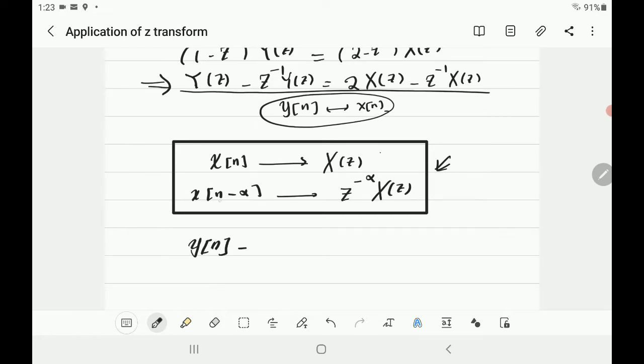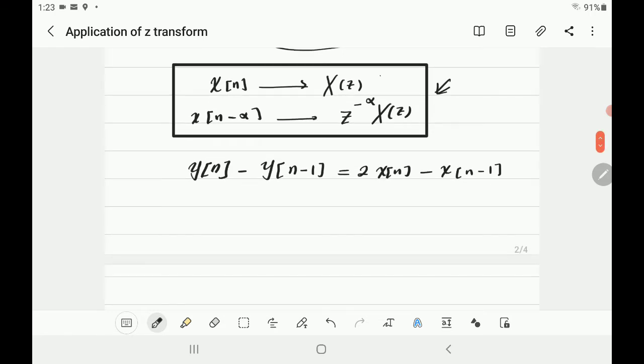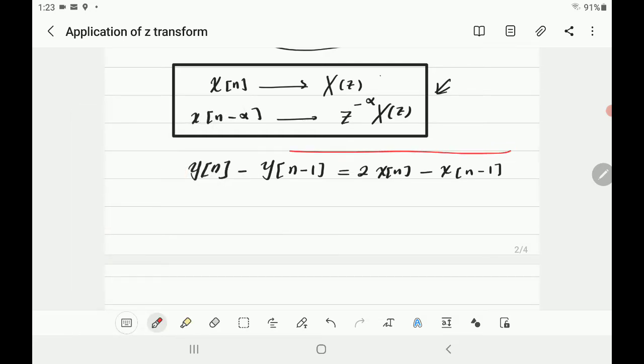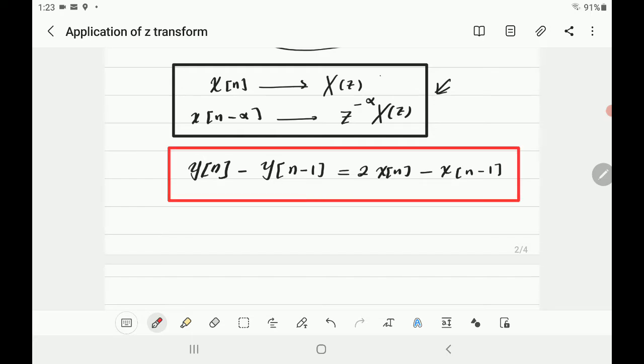So you will have y of n minus 1, and x of z will be x of n, minus z to the power minus 1 x of z, which means x of n minus 1. What I have here is the difference equation that relates the output to the input. Similar to the differential equation, but we don't have differentiation. We just have a shift in n, one time, n minus 1, and so on. So that's the difference equation.